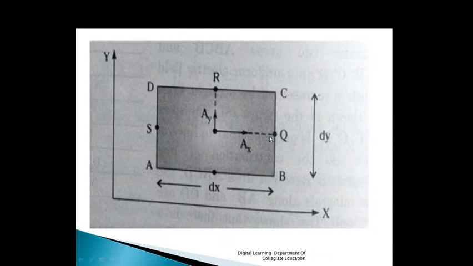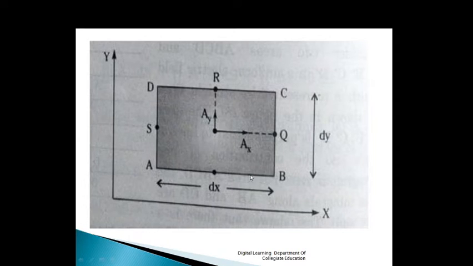Let us consider points Q, R, S, T. Next, a vector field A, whose component along the x-axis is Ax, and along the y direction is Ay.